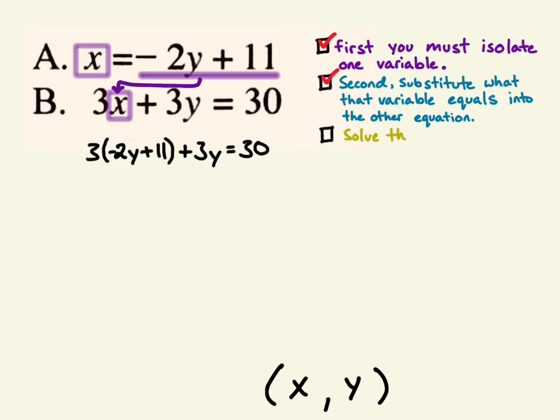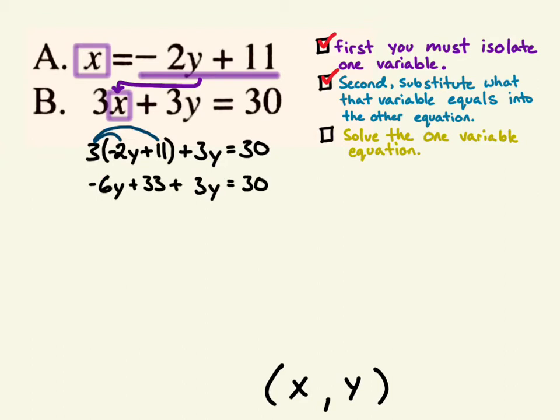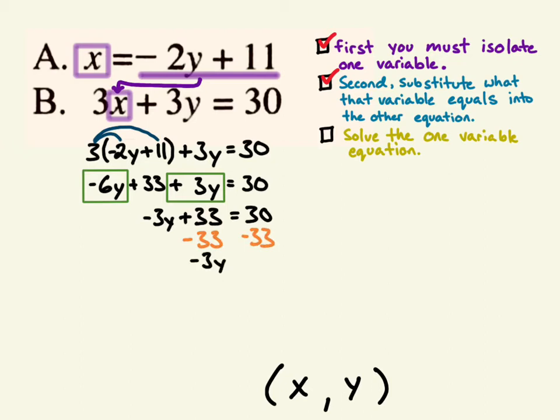So I'm going to use my distributive property first to multiply to the negative 2y and the positive 11. Then I'm going to combine like terms, use my inverse operation, subtract 33 from both sides. I end up with y equals 1.